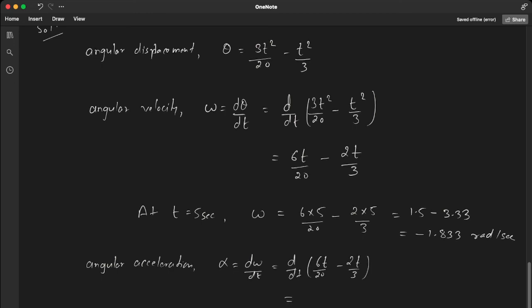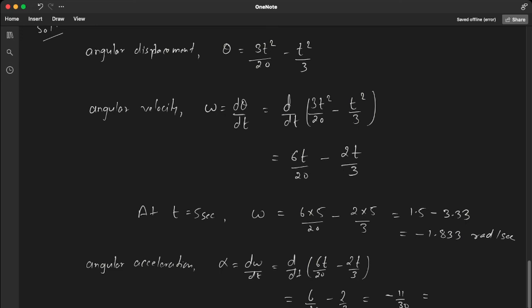This is 6 by 20 minus 2 by 3, which is equal to minus 11 by 30.